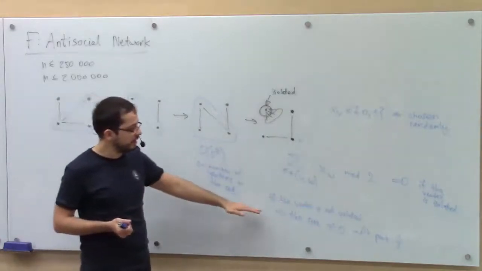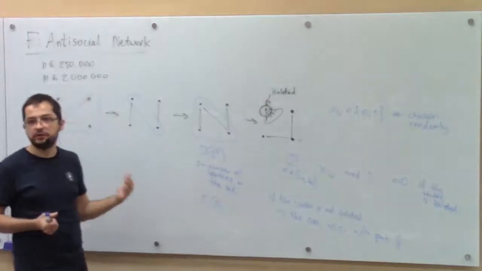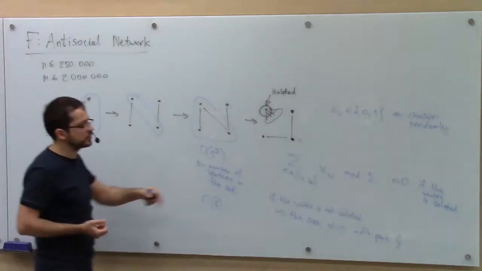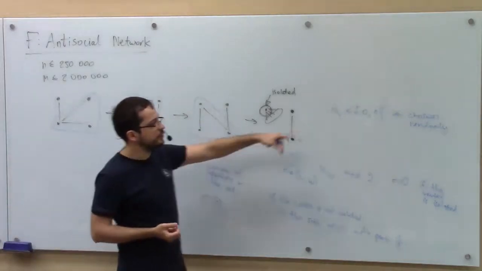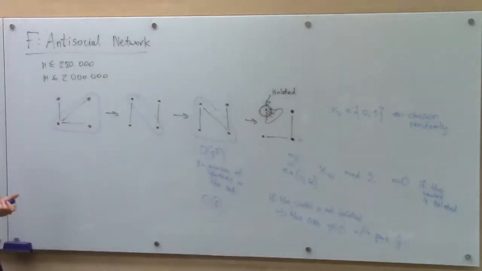If we get non-zero, then we say the vertex is non-isolated. So if we got 1, we are sure that this vertex is not isolated. There has to be at least one edge connecting this vertex to some vertex with value 1. But if we get 0, we will say that probably it's isolated, with error probability 1/2.